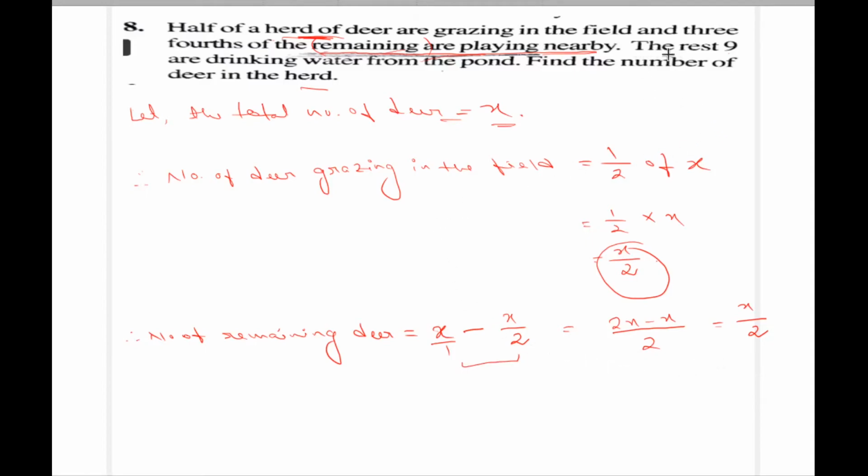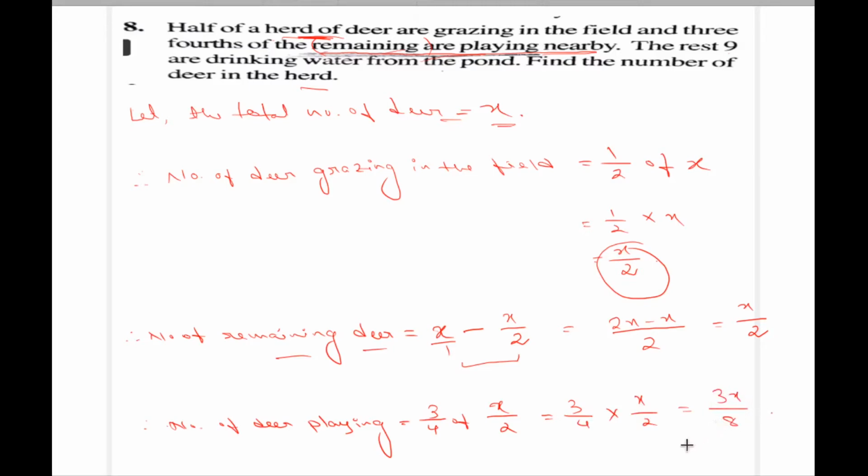Now 3/4 of the remaining are playing nearby. Therefore, the number of deer playing equals 3/4 of the remaining. The remaining number of deer is x by 2, so 3/4 of x by 2. That means 3 by 4, and 'of' means multiplication, times x by 2. So it is simple multiplication: 3x by 8.